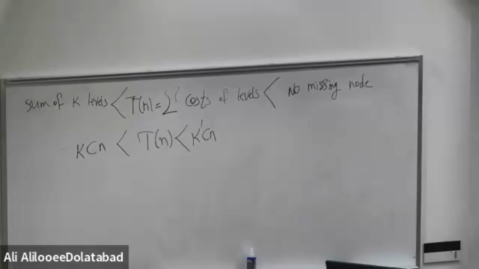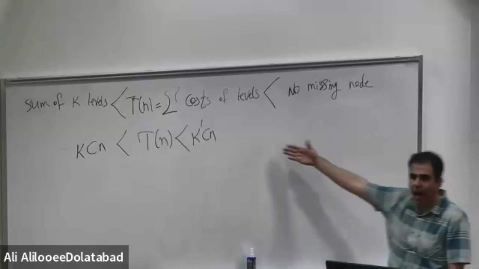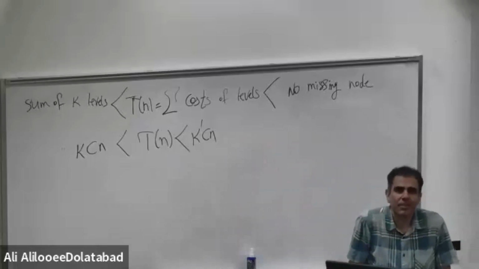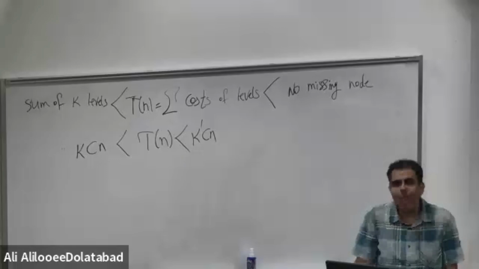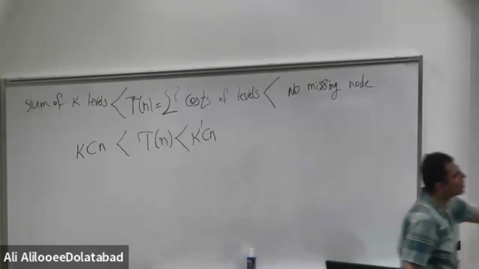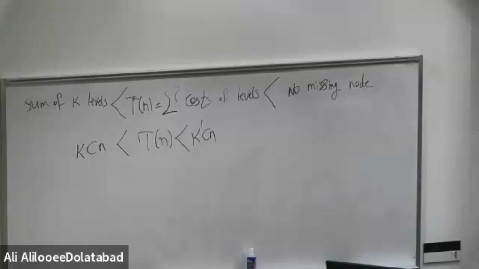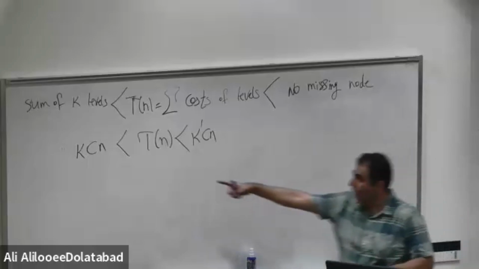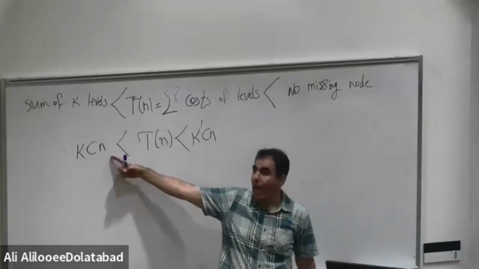Then ask questions, comments. Is everybody following how we got these inequalities? I compared both sides and considered two extreme cases. The extreme case here is that you have nothing after the kth level. Just consider k levels. That's the way that I got this. How did I get this?